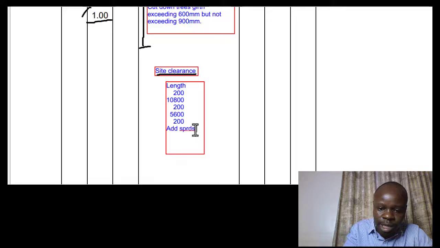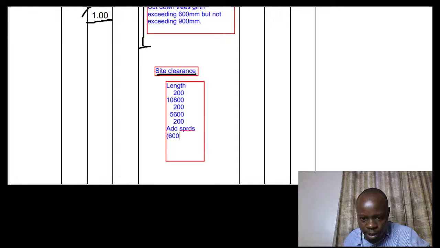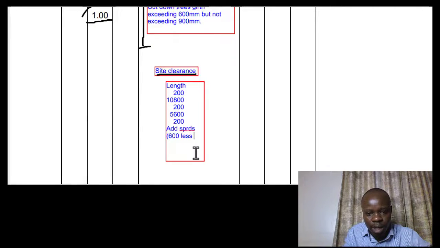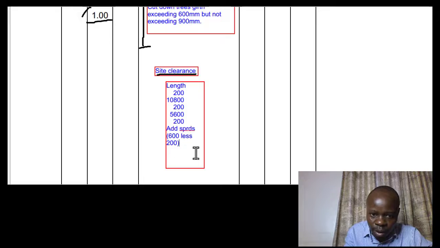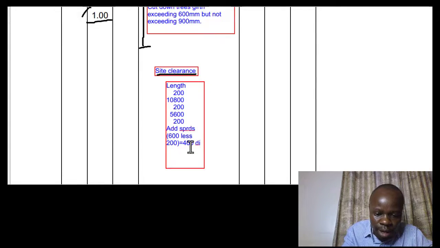So we can just do that calculation here. That will be 600, then we subtract 600 less 200. That's going to give us 400, but then the 400 you now divide by 2.